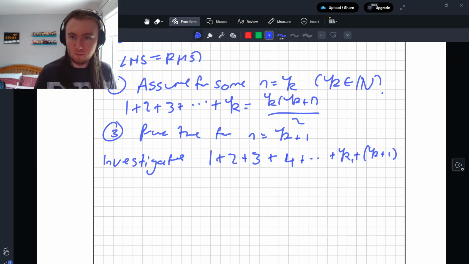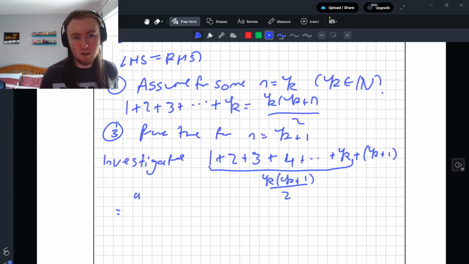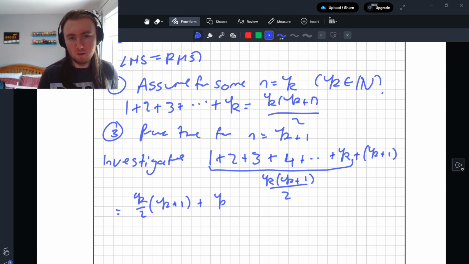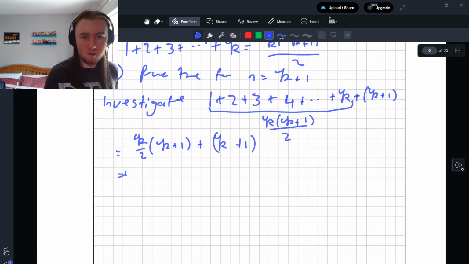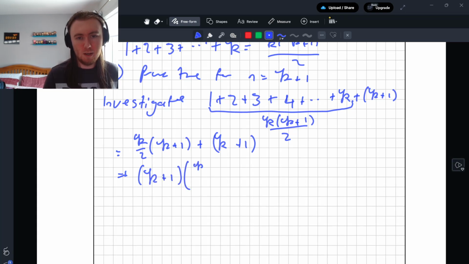Now, by the inductive step, we know that this, we're assuming, is k times k plus 1 over 2. So that's equal to k over 2 amounts of k plus 1 plus another k plus 1. So that's equal to k plus 1 times k over 2 plus 1.